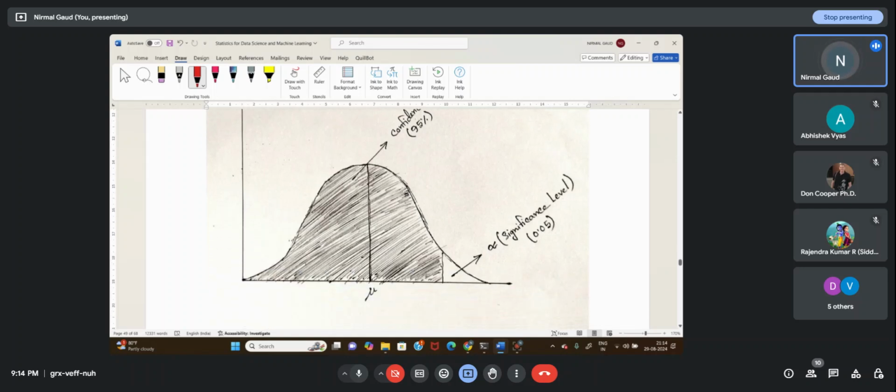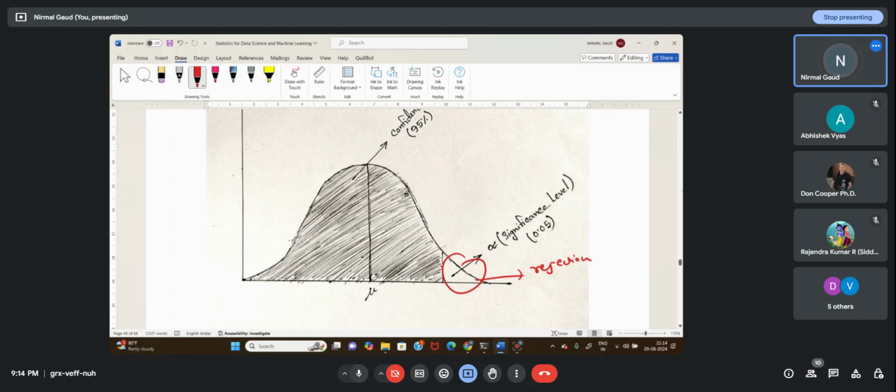Okay, normal distribution, if I make a plot, so if the range of values comes under here till here, so this is confidence, and 5%, that means this is a rejection. There's a 5% chance that your theory is rejected.